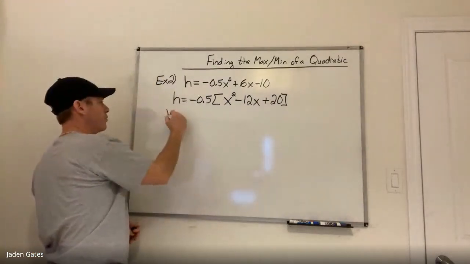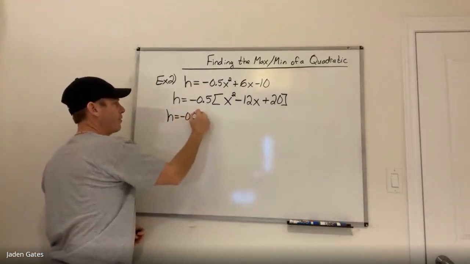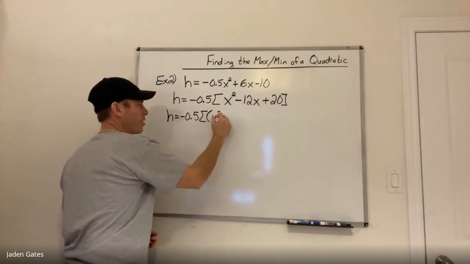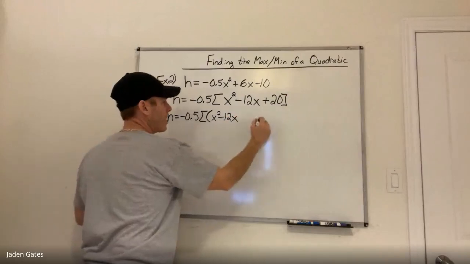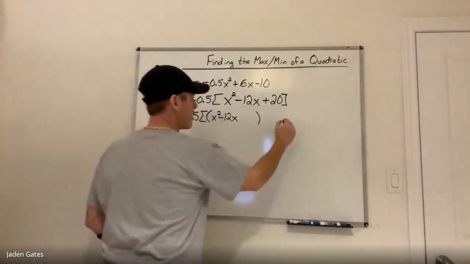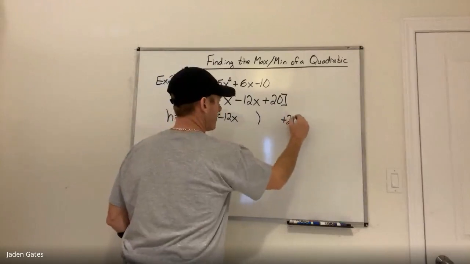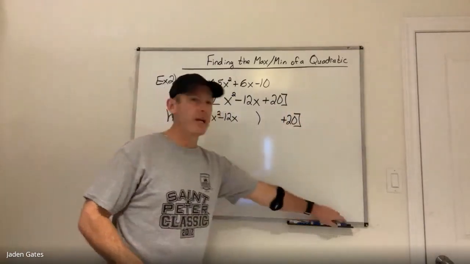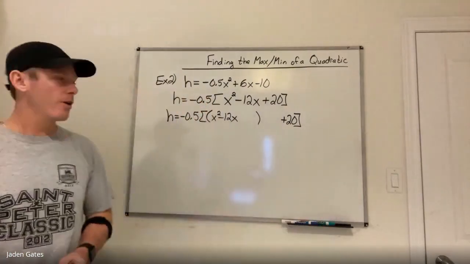So I have h equals negative 0.5. Again, because I'm completing the square, I'm going to put the x squared minus 12x in round brackets. 20 is not going to be my magic number. So to complete the square, again, I've got to find my magic number here.